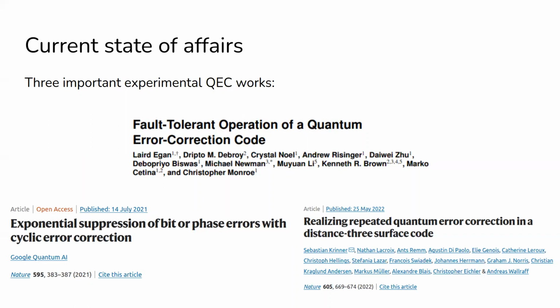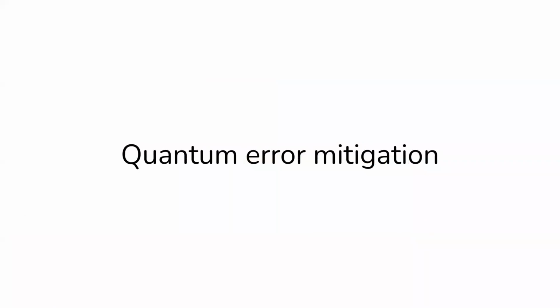So doing this experimentally. And you can see that these are all very recent, like last year, last month. And so you now from this have a very good head start on understanding this. Okay, so that's the last about error correction.